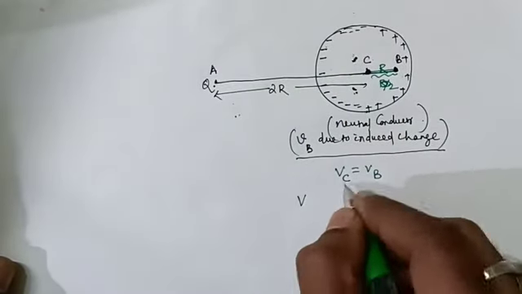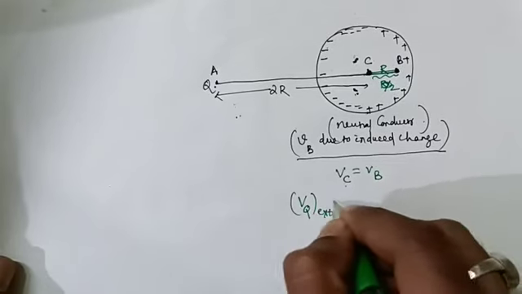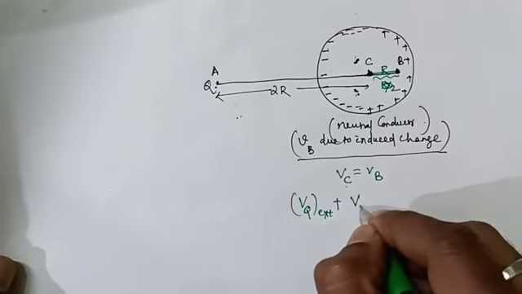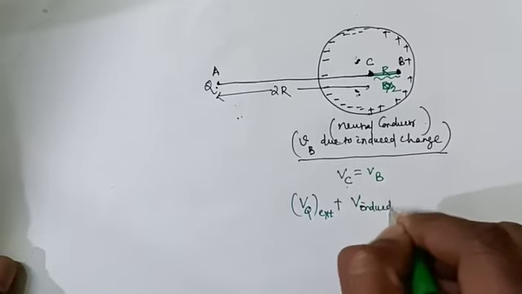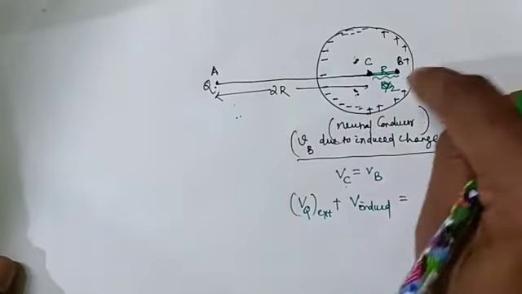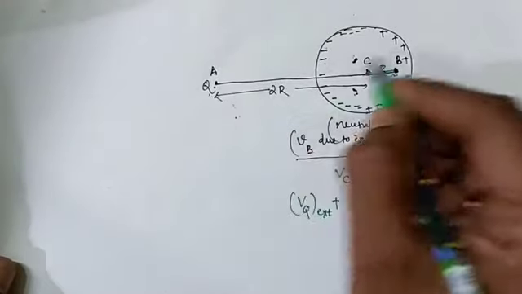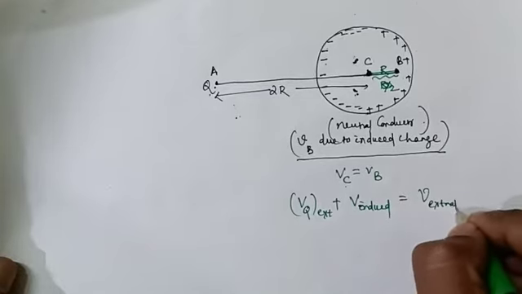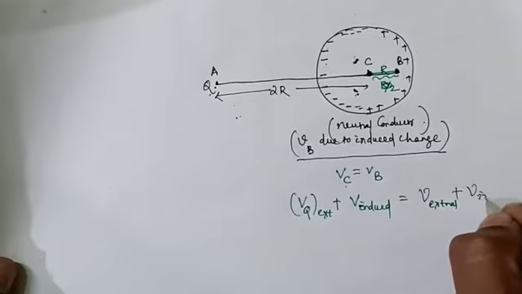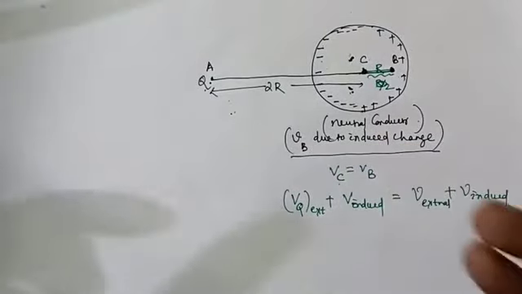So potential at C is due to external plus potential at point C due to induced charges. Similarly, the potential at B is due to how many charges? Due to external and all these induced charges. Potential at B is due to external plus induced charges.